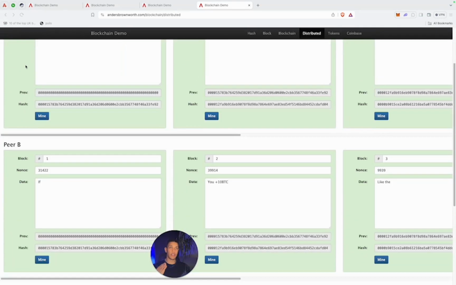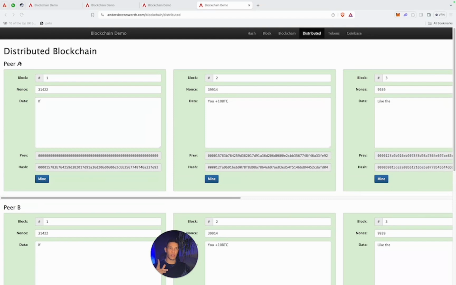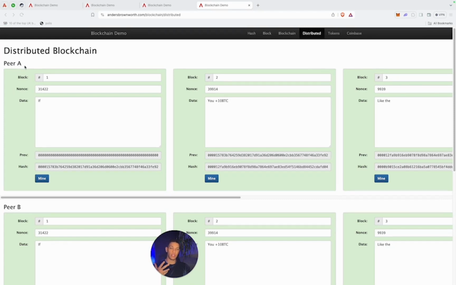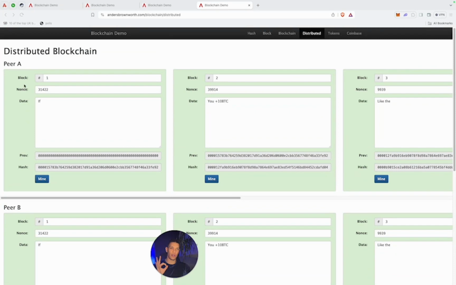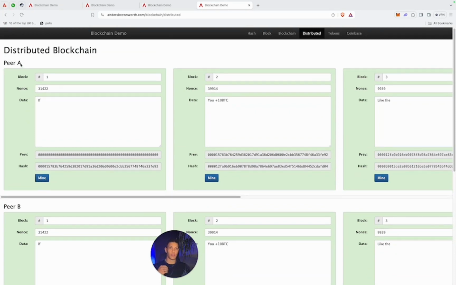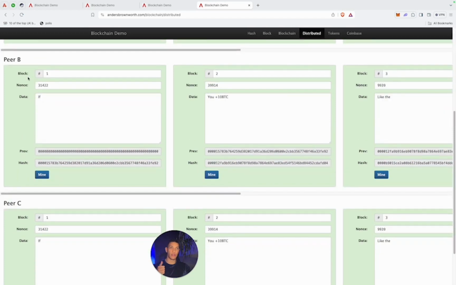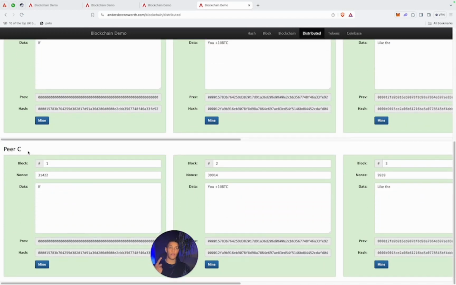And as you can see, this distributed blockchain is run by just 3 people or 3 nodes that are validating transactions and competing for the reward, which we will talk about shortly. You see, we have peer A, we have peer B, and we have peer C.